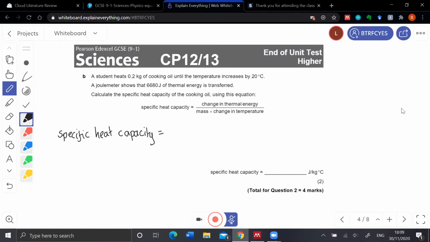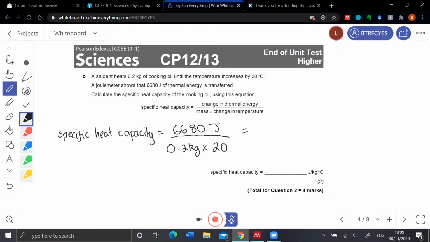It says 6,680 joules of thermal energy, so that's that. 6,680 joules over or divided by mass, 0.2 kilograms, and it's kilograms already, so I don't have to convert anything. Okay, times change in temperature. They've already told us the change, 20.